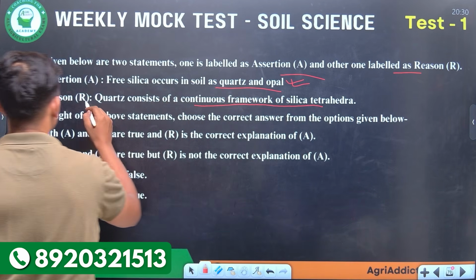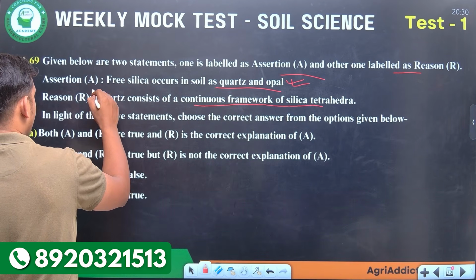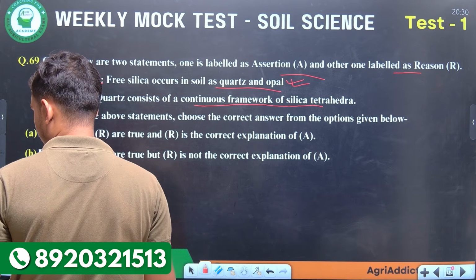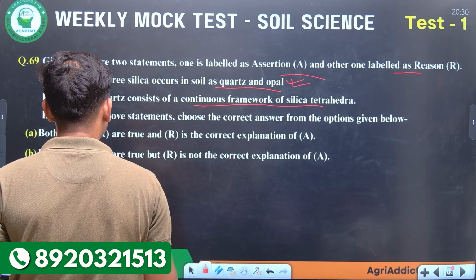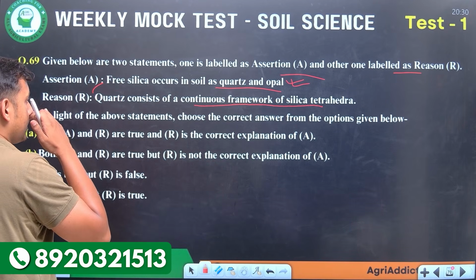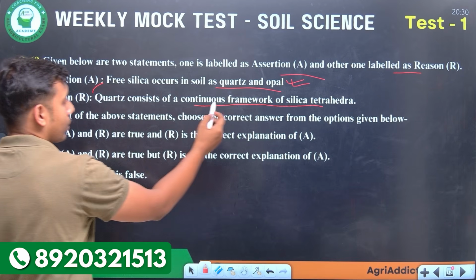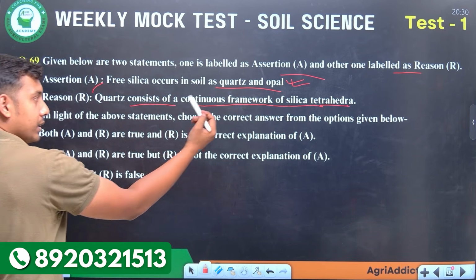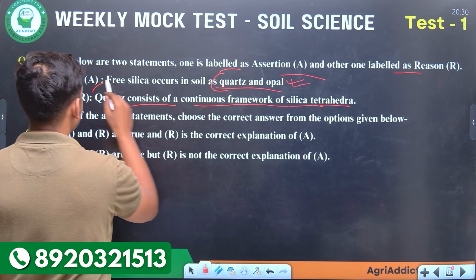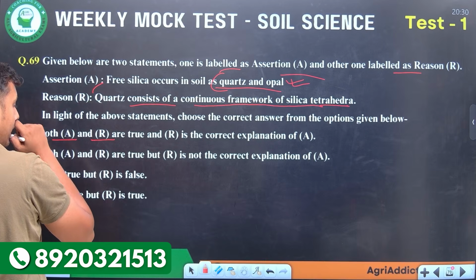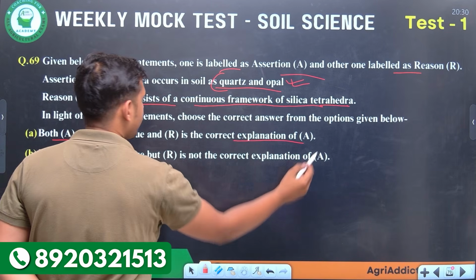Yes, it is also true, and it can be assumed that this is the actual reason why quartz and opal are very abundant in the soil. The continuous framework of silica tetrahedra makes quartz very stable, so it is also abundant. So both assertion and reason are true, and R is a correct explanation of A.